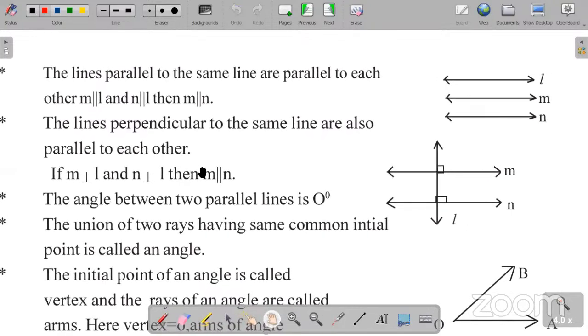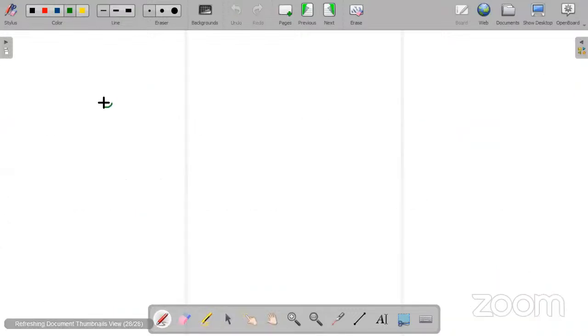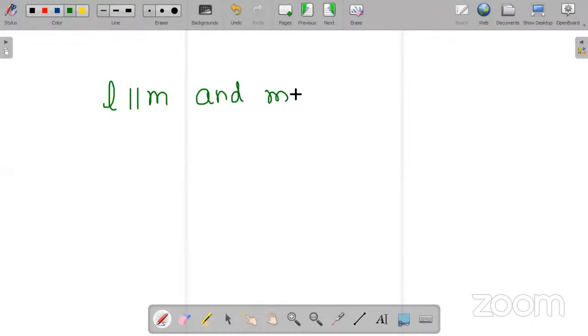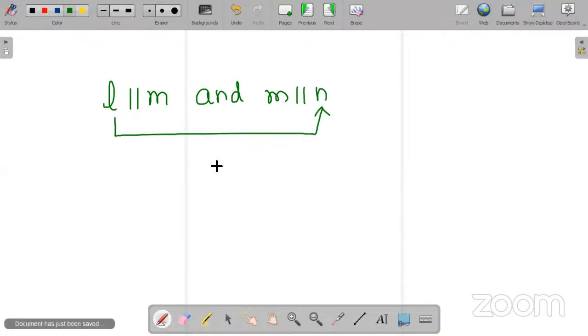See one more thing. Lines parallel to the same line are parallel to each other. For example, L is parallel to M, M is parallel to N, so L is also parallel to N. Clearly, I will write. For example, L is parallel to M and M is parallel to N. Now L and N are also parallel.